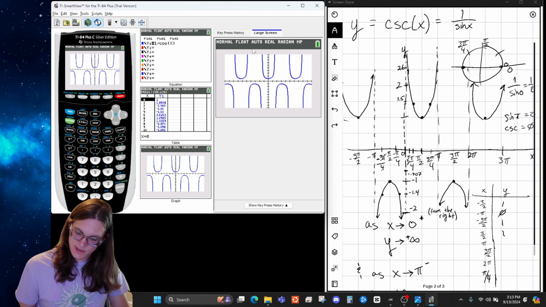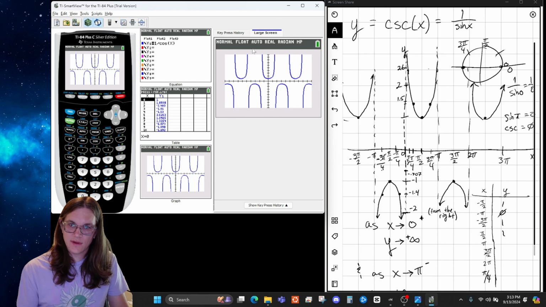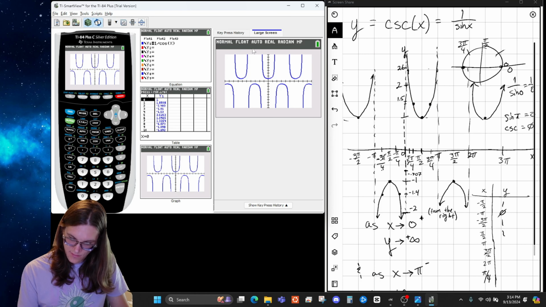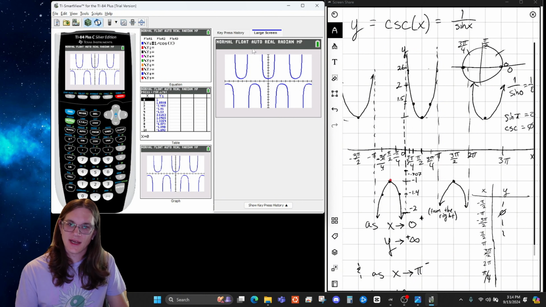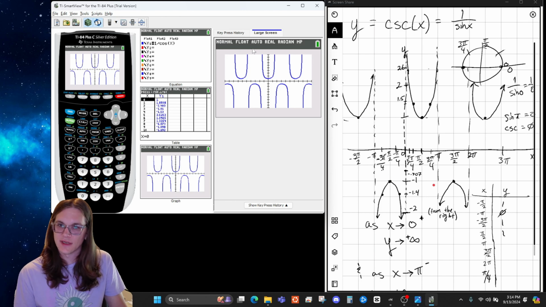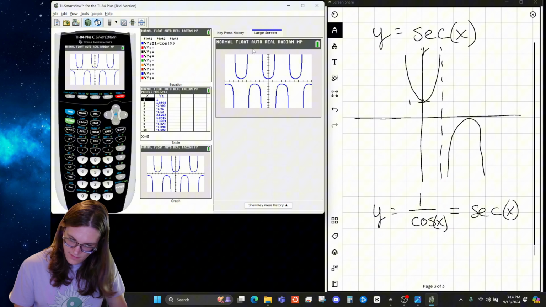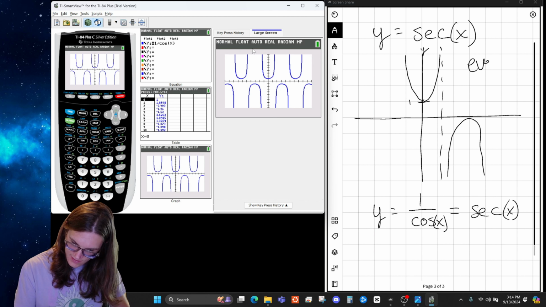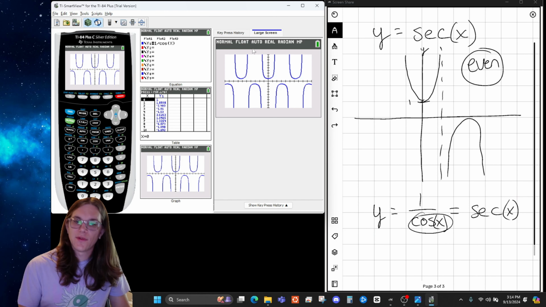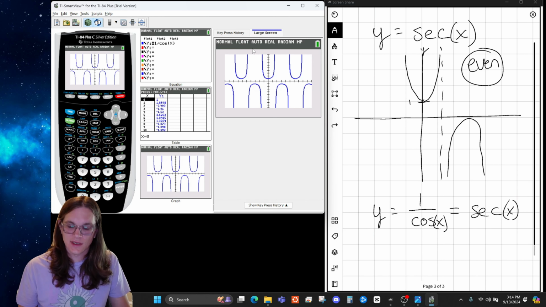Whereas our cosecant would do this periodic flipping over the x-axis behavior, but it's an odd function because it's 1 over sine. It does not mirror over the y-axis here. It actually flips down to negative, then up to positive, so negative, positive, negative, positive. And this secant is even because it's 1 over the even function cosine.